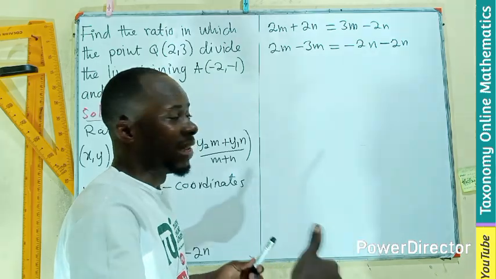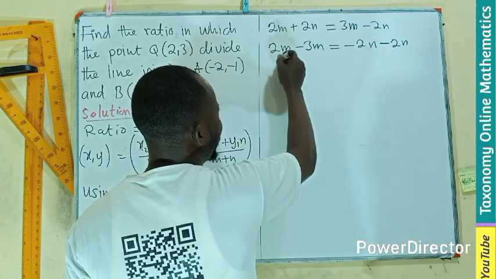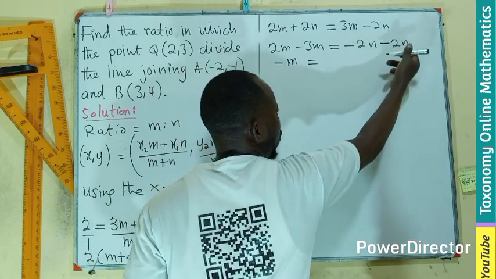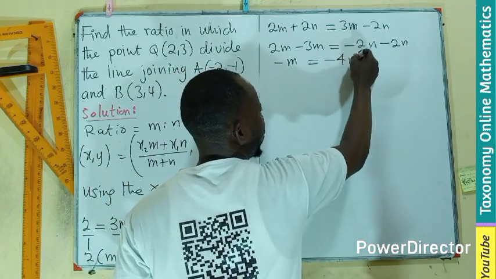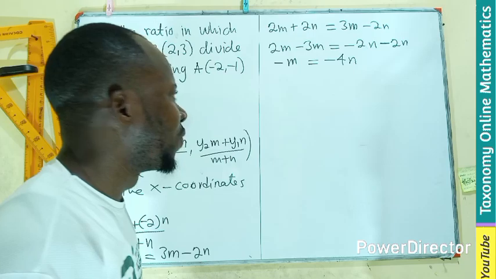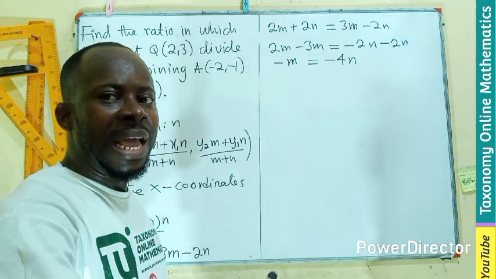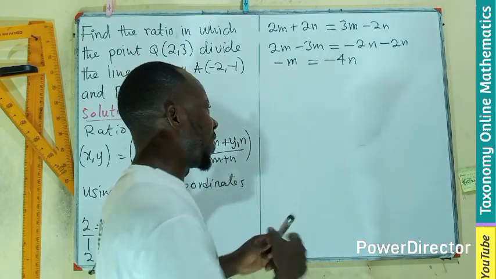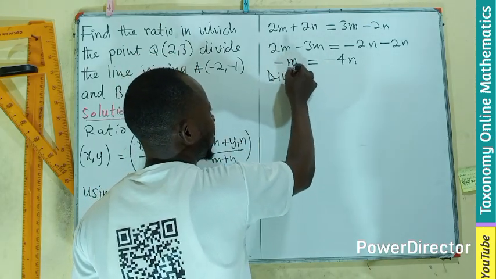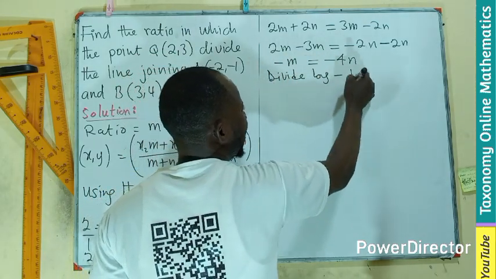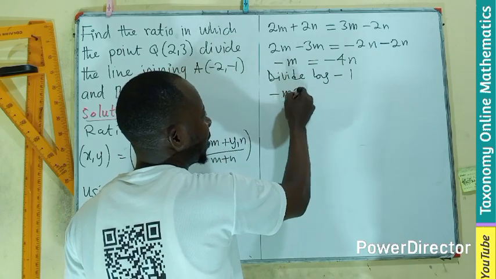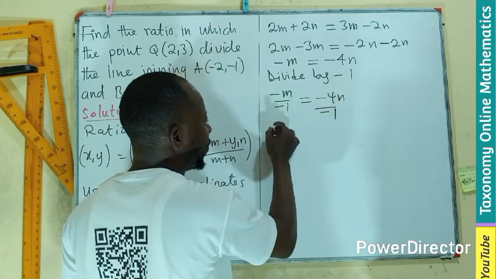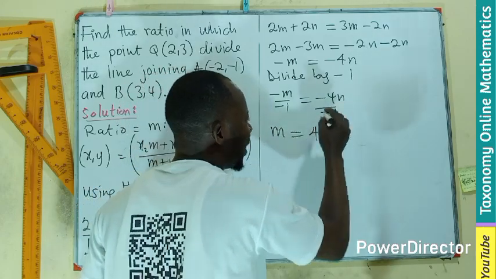The m is just a description. So we can have -1 times m, -m, equals -2 minus 2, which is -4n. What are we looking for? Ratio, which is also more or less like a fraction. So we divide both sides by -1, and that gives us m equals 4n.